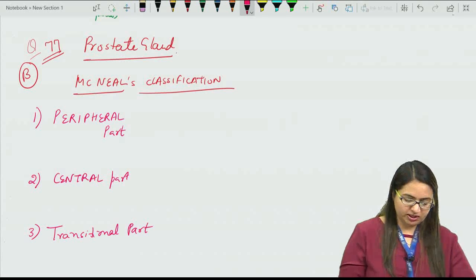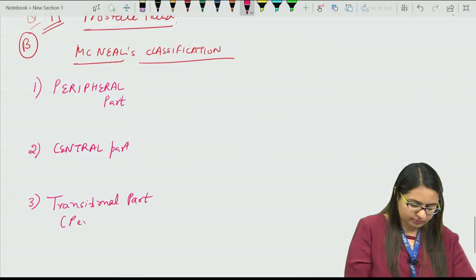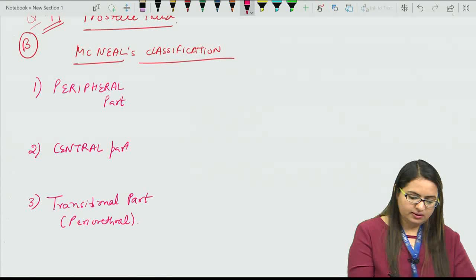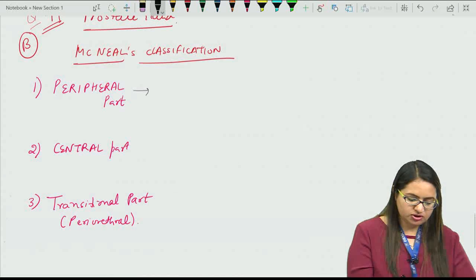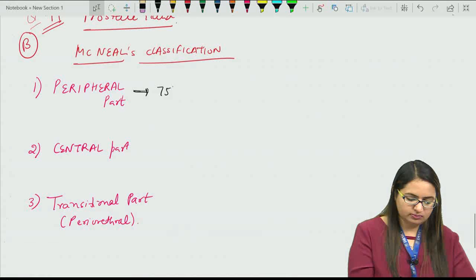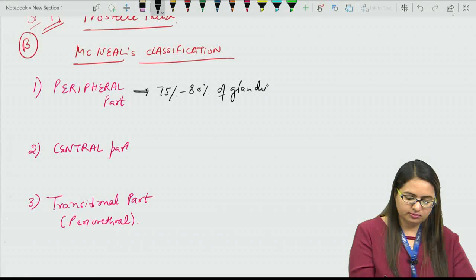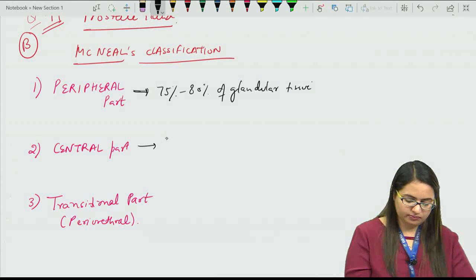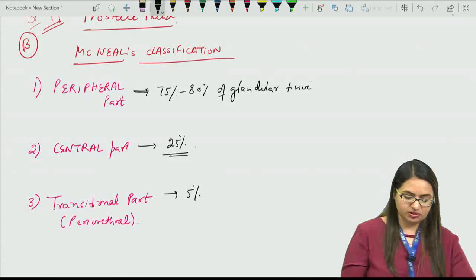The transitional part is periurethral. The peripheral part consists of 75 to 80% of the glandular tissue. 20 to 25% is formed by the central part and 5% is formed by the transitional part.